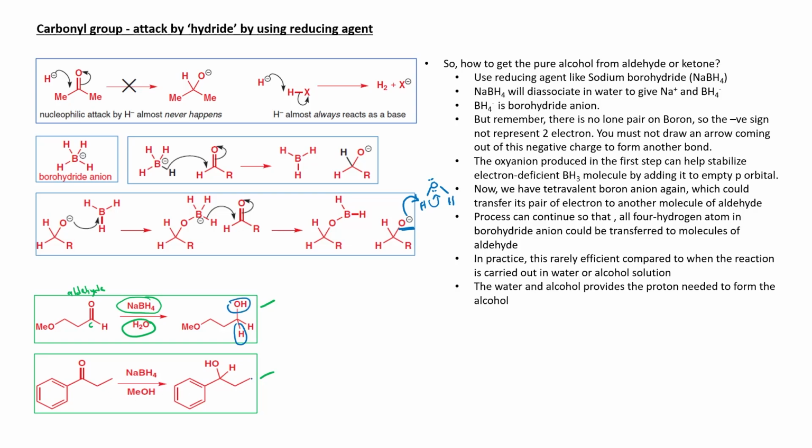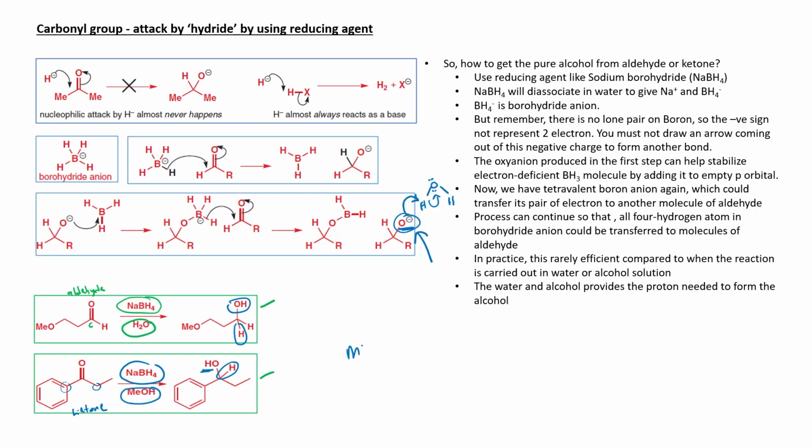Same like this, here they use alcohol. So this is ketone, because of this R and also this R. You use the reducing agent, and the same idea, reducing agent meaning you add another bond to the double bond, so you get this extra bond. Okay, so far so good. But the protonation of the oxy anion, the one that I show here, happens because you supply the alcohol here.